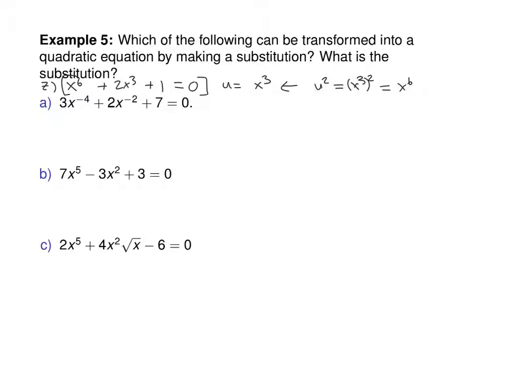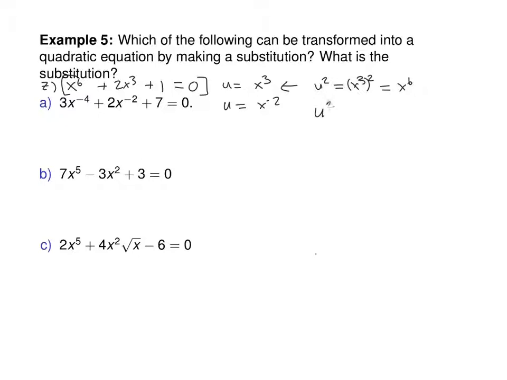So the pattern is that the middle exponent, when you arrange them from biggest to smallest, though that's not quite true of these next ones, is half of that, right? Is the same pattern true for this A one? Yes. So what you could do for this one is let u equal x to the -2. Does that make sense?